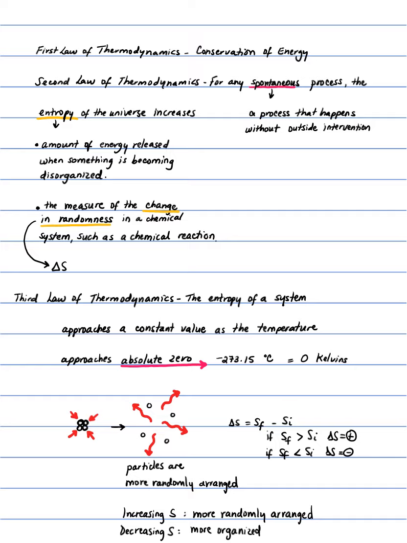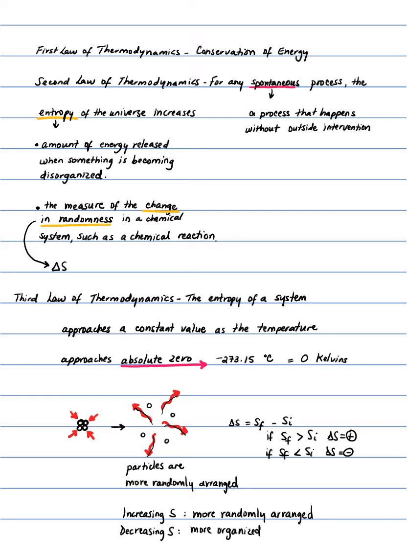What I'm trying to represent with those arrows is a displacement of energy. The energy that was being used to have your particles organized is now going somewhere else. So when the particles are becoming disorganized, the amount of energy required to have things organized can actually be used to do something else.